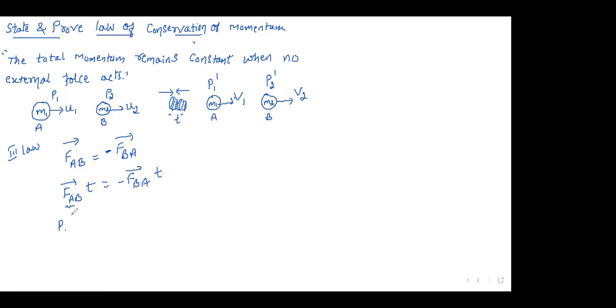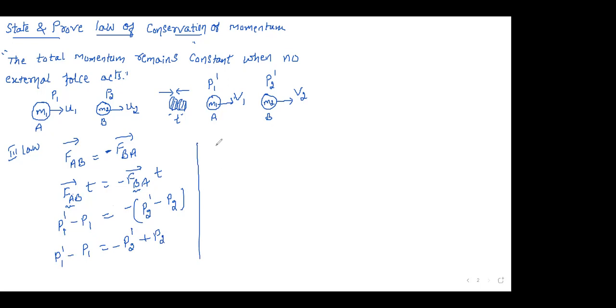So I can take P1 dash minus P1 as the change in momentum of A, and this is the force acting on B, so I can take P2 dash minus P2, that is the change in the momentum of the second body. So P1 dash minus P1 equals minus P2 dash plus P2.